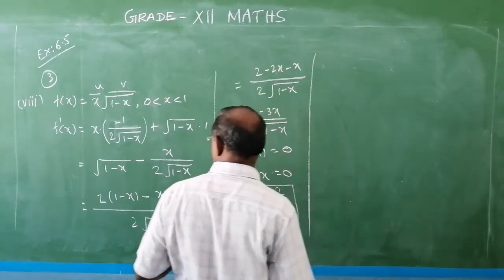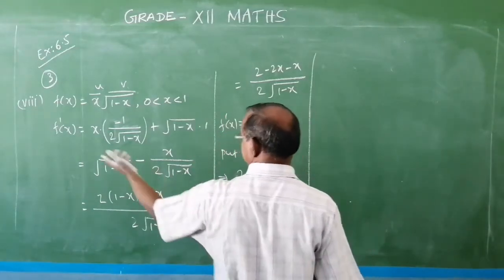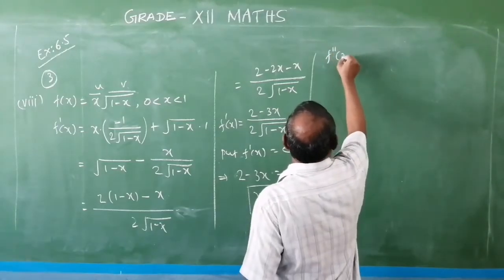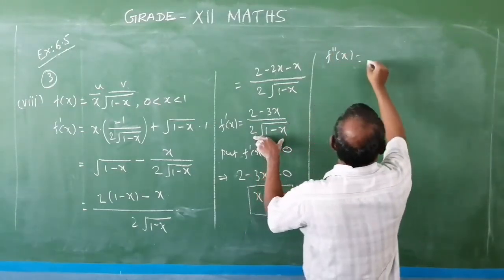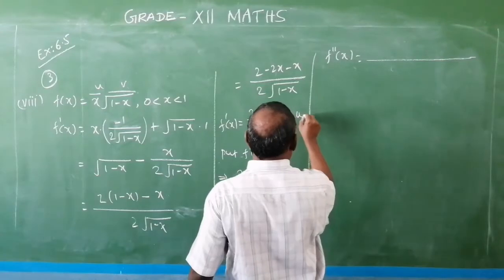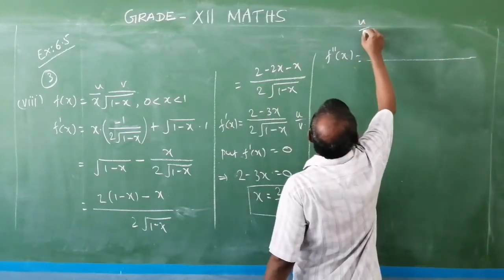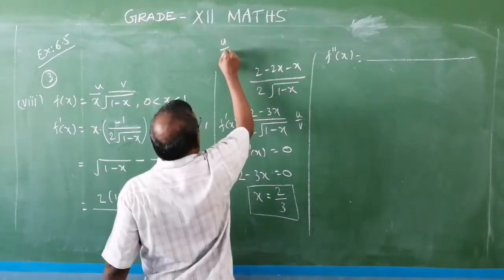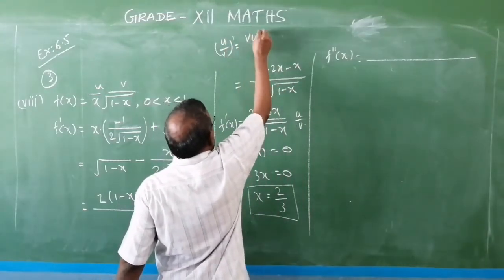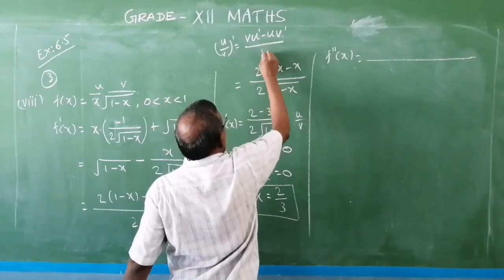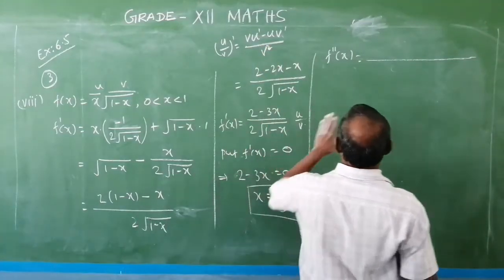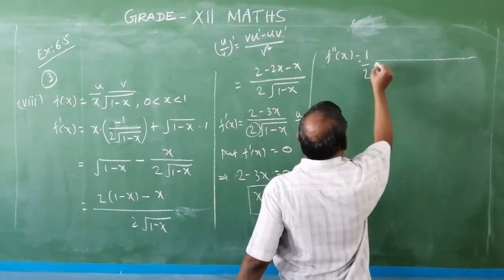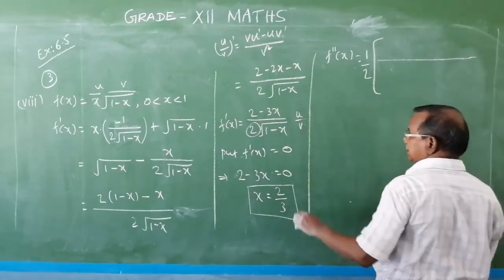Now we need to examine whether it is a point of maximum or minimum. Now, differentiating again, we have f double dash of x, this is in the form of u by v. Now u by v the whole dash equal to v into u dash minus u into v dash by v square. Accordingly, let us take this denominator as constant. So 1 by 2 take as common and differentiate the remaining part.